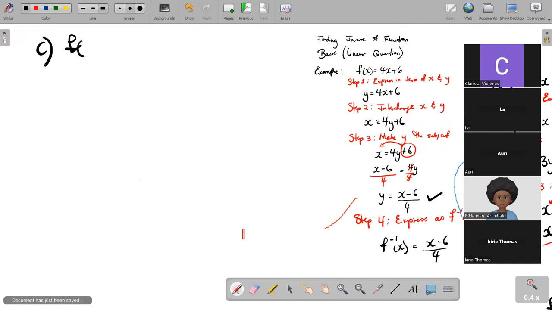f of x is equal to 5x minus 2. Let's go. Everybody, get me my answer, please. Do this as fast as you can.